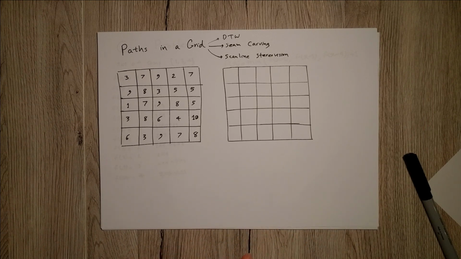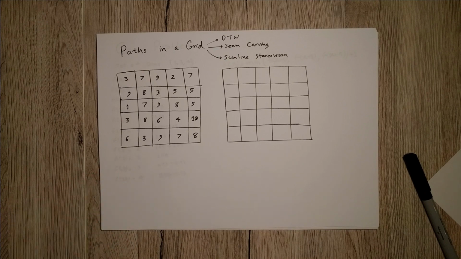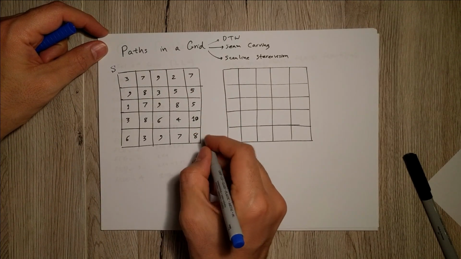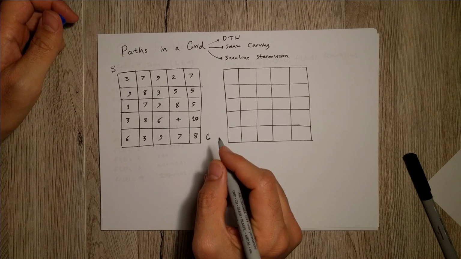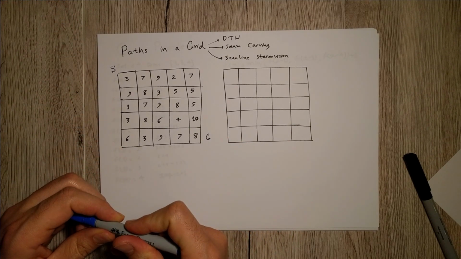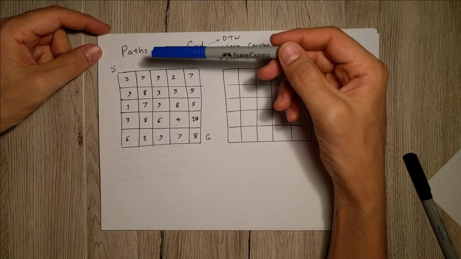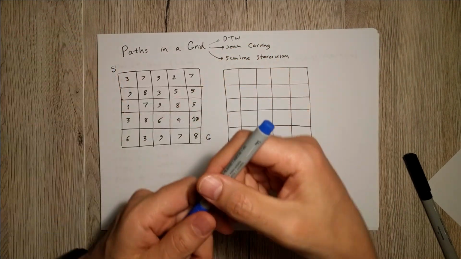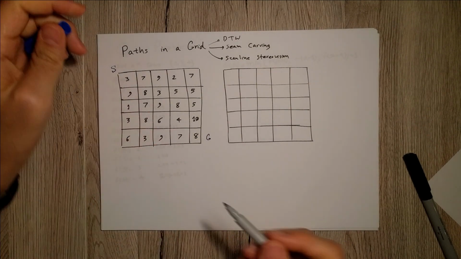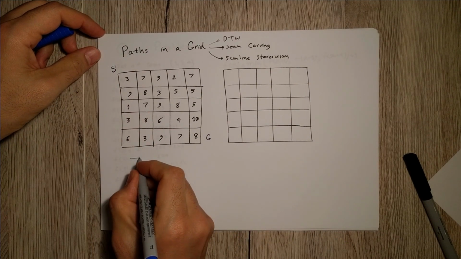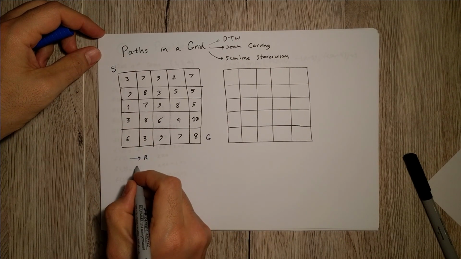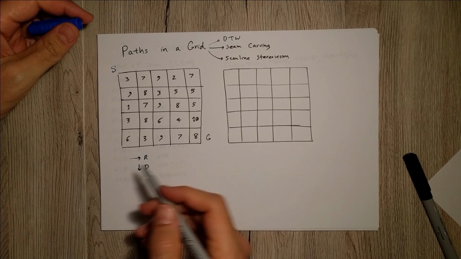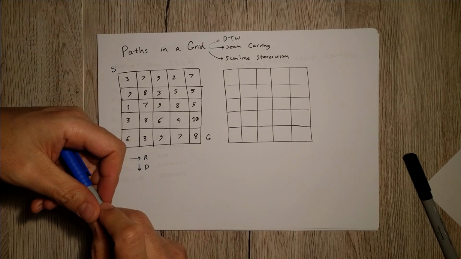So okay, let's first say what is the problem. This is your start state, and this is your goal state, and you are interested to go from here to here. You are only allowed to go either to the right or down. You are not allowed to go to the left.